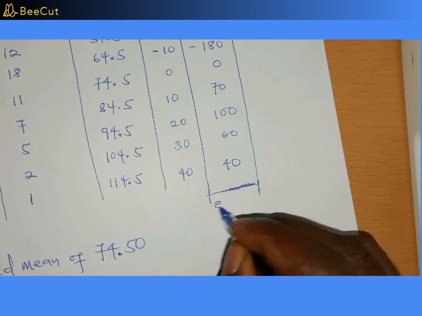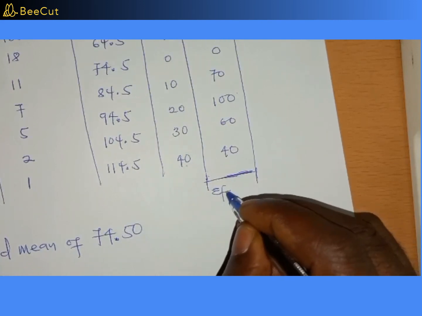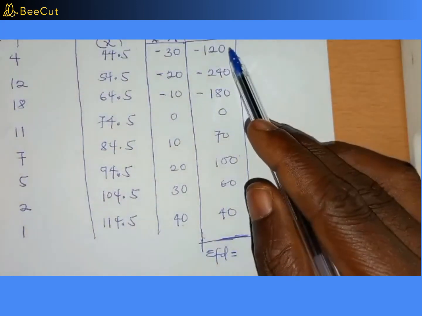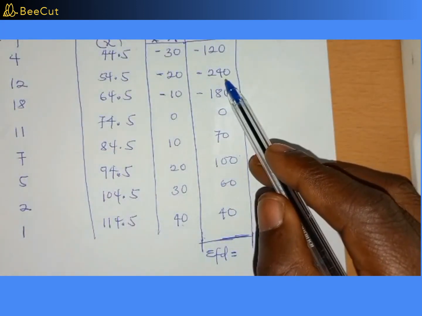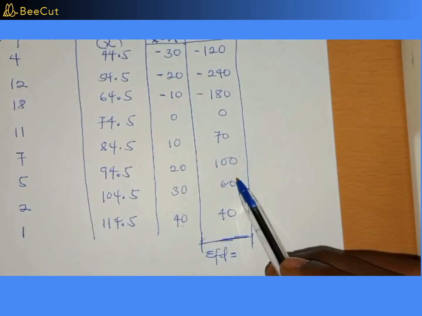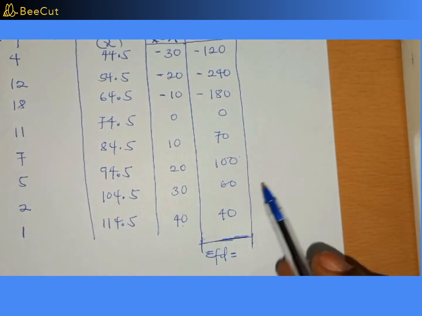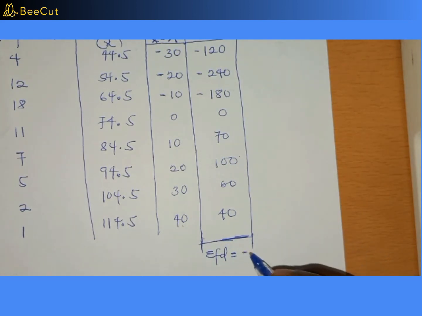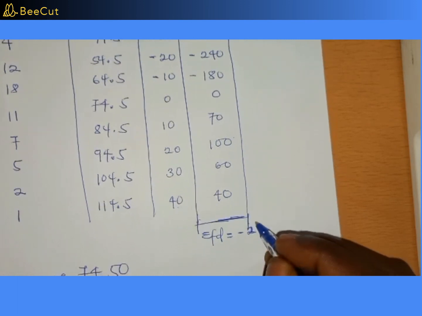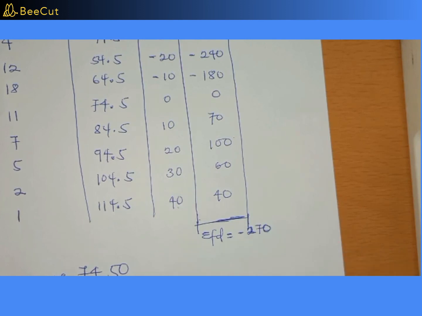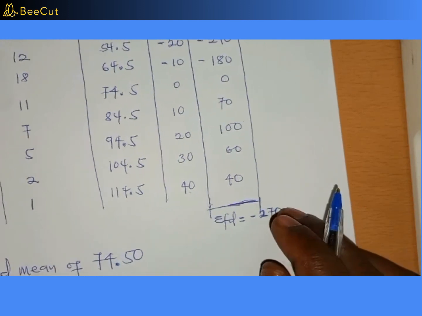Sigma FD is equal to negative 120 plus negative 240 plus negative 180, 0, 70, 100, 60, 40, and when you add up everything, if you add it very well, you're going to get negative 270.